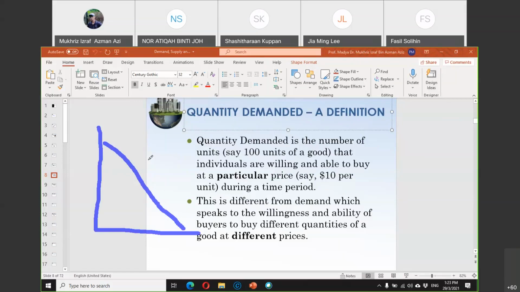In economics, the y-axis usually refers to the price, anything to do with monetary value, income, wages, anything to do with a dollar or RM sign. And on the x-axis is usually the quantity, quantity of goods, quantity of labor, quantity of capital.